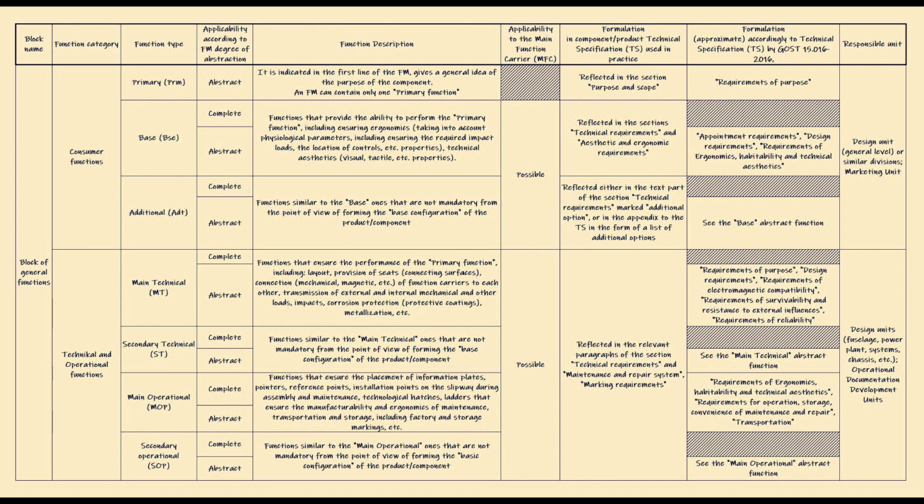Thus, in order to develop working design documentation, in addition to the availability of technical specification, it's necessary to fulfill at least one of the following conditions. First, availability of complete structural and functional models of the component, assembly, unit, or part.